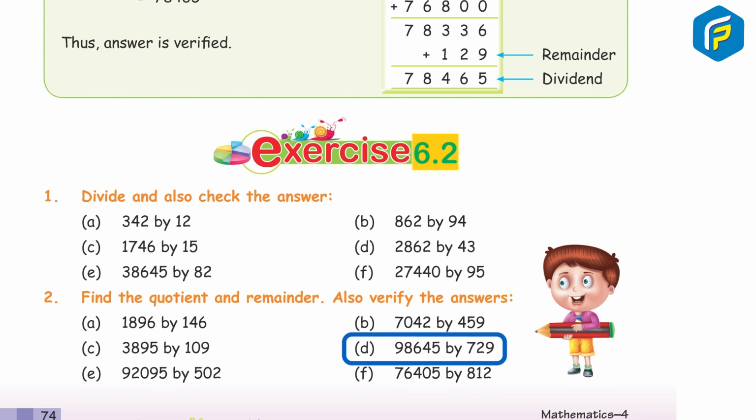D. 98645 by 729. Answer quotient 135, remainder 230. E. 92095 by 502. Answer quotient 183, remainder 229. F. 76405 by 812. Answer quotient 94, remainder 77.